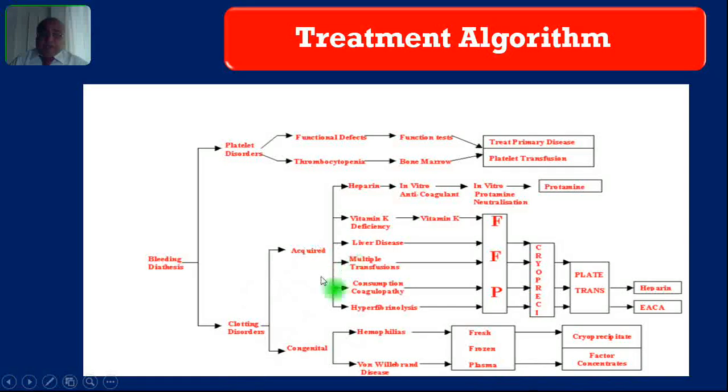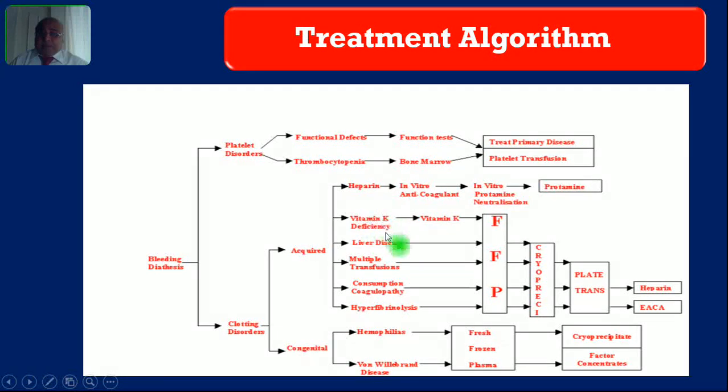The acquired clotting disorders: suppose the patient is getting heparin. If you are giving more heparin, that will produce bleeding. So you have to give protamine. This is the antidote for heparin overdose. You have to give protamine to counteract this bleeding.